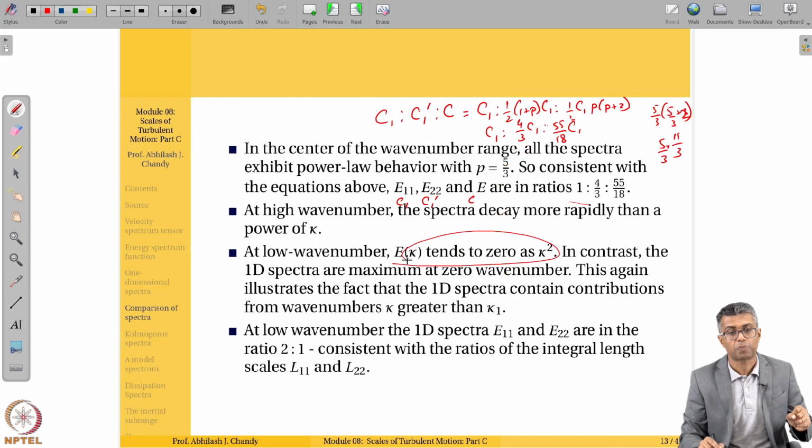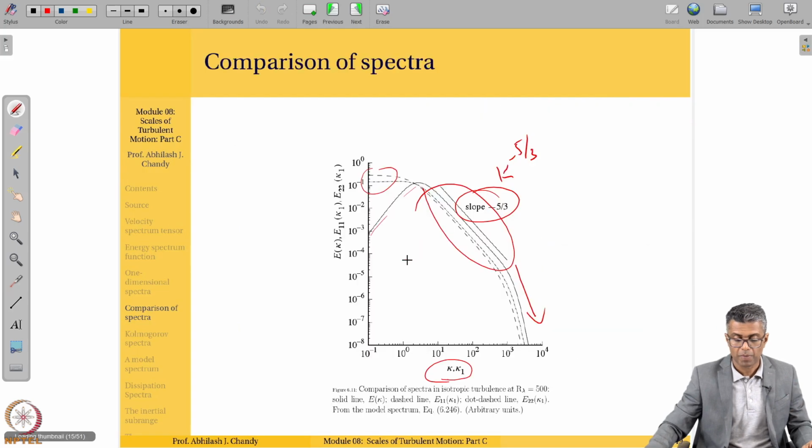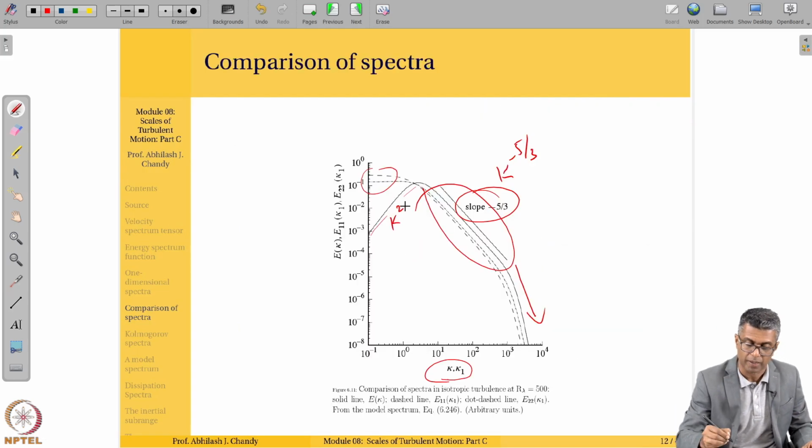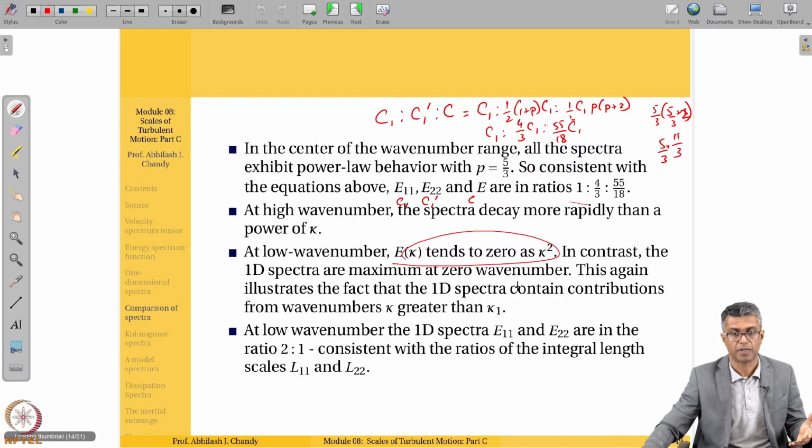This means that the 1D spectra contains wave numbers of kappa greater than kappa 1, isn't it? It again illustrates the fact that 1D spectra contains contributions from wave numbers of kappa which are greater than kappa 1. And at the low wave number, this variation is kappa squared. And this is again much smaller than kappa to the 1, because it is much steeper, isn't it?